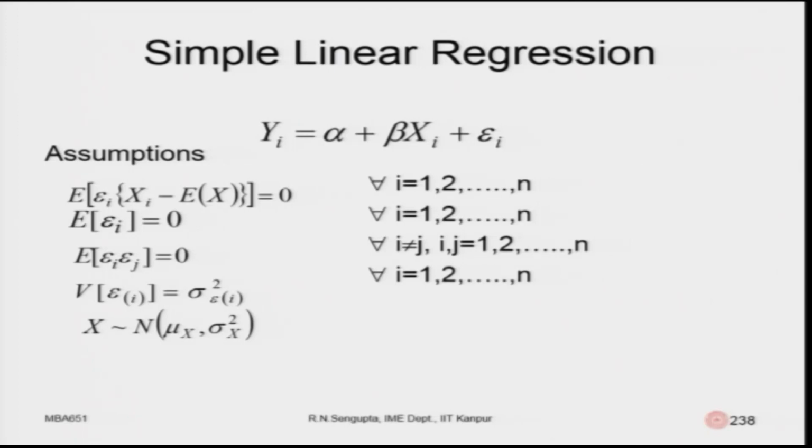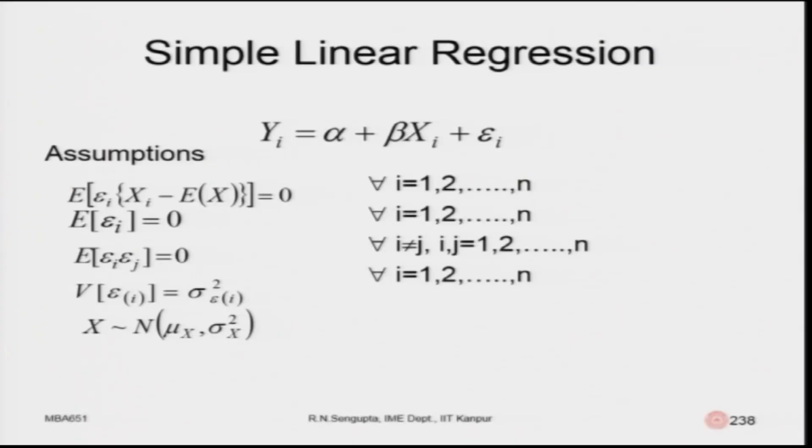The fourth is that the variance of the errors has a value of sigma square suffix epsilon. I did mention that in the simplest case we take the variance as 1, but in the general sense we will take the variance of the errors to be some fixed value sigma square.